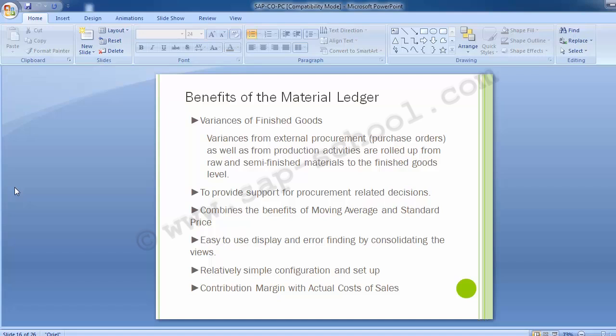Both single-level settlement and multi-level settlement functions are available to calculate the actual material cost at period end close. Actual costing uses the material ledger to store material prices in up to 3 currencies, as said, and according to 3 valuation strategies. One is group, legal, and the third is profit center.